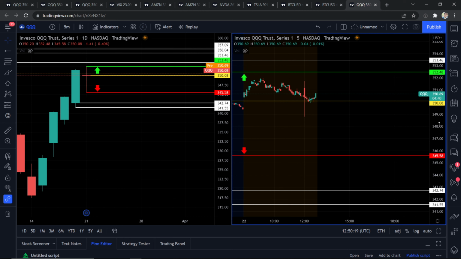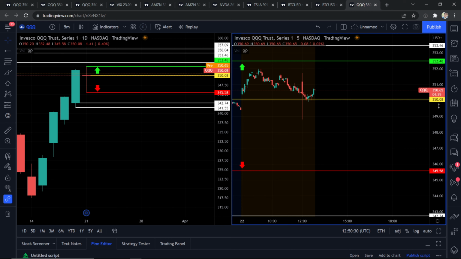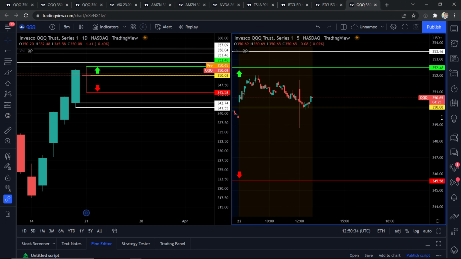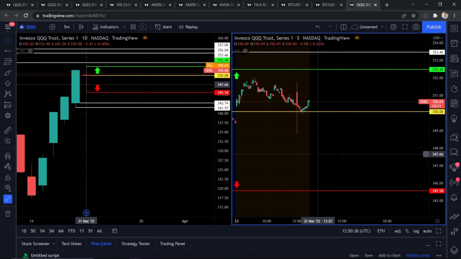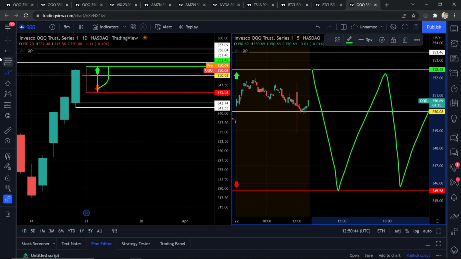So to recap, focus on your daily levels, your previous day levels. Also important to keep in mind, what are the larger time frames? What are the weekly levels and things of that nature? And then one of the most important tips is try to avoid trading within this big range, because price could literally do this, right?